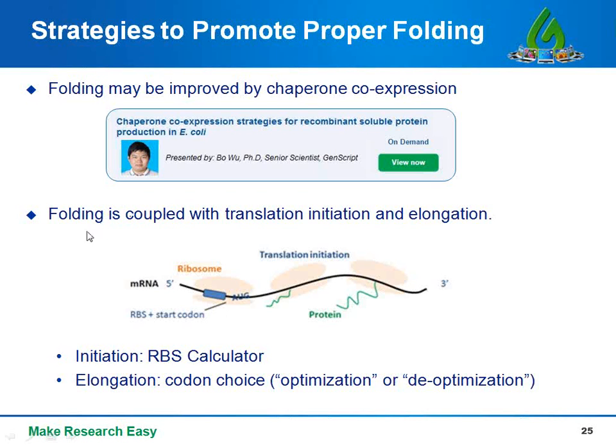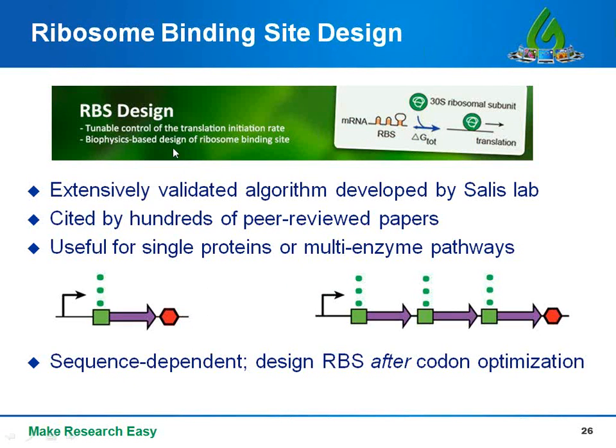But as I mentioned earlier, proper protein folding is coupled really with translation initiation and with elongation. And so some other tools that you can use to monitor or to manipulate those two steps are using RBS design to tune the translation initiation rate and using codon optimization to tune the translation elongation rate. So let's discuss RBS design and codon optimization.